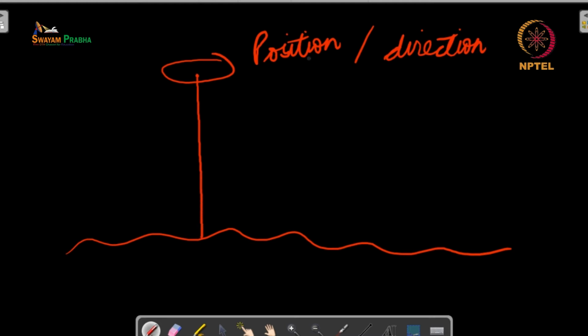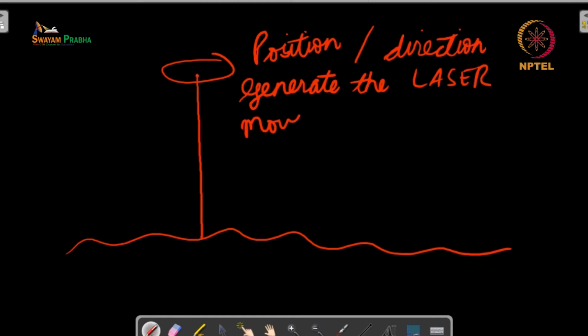So once you know the position, you will have to generate the laser. So you need a mechanism of generating the laser beam, and if you have to scan the surface with this laser, then you also need a mechanism of moving the laser beam.